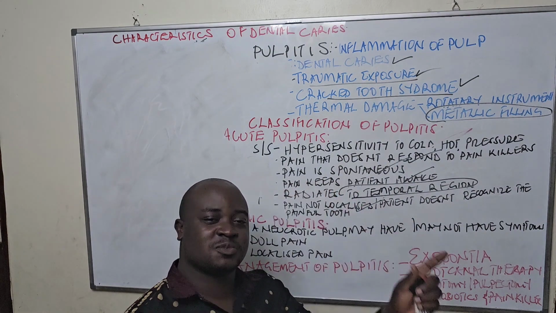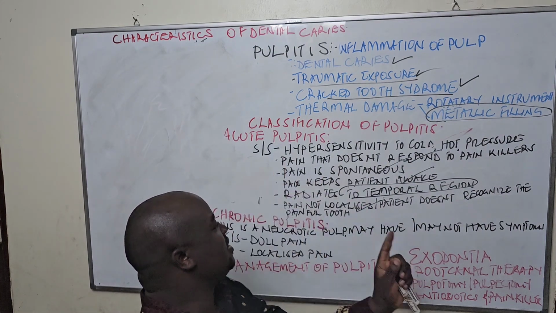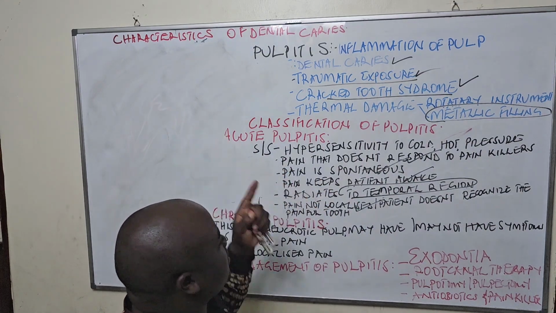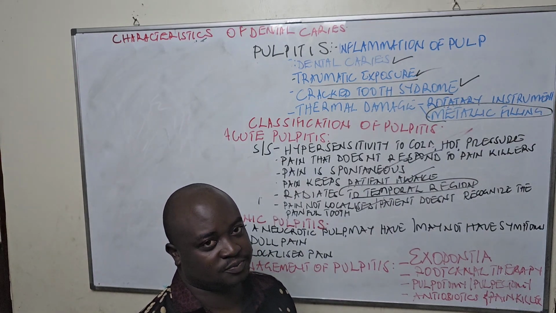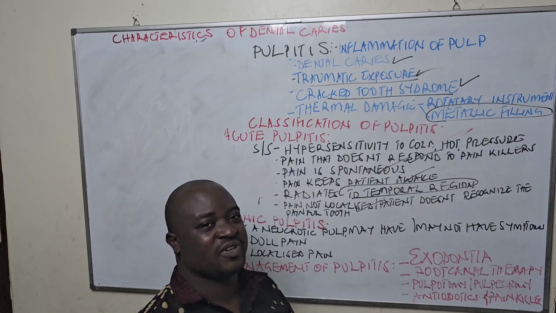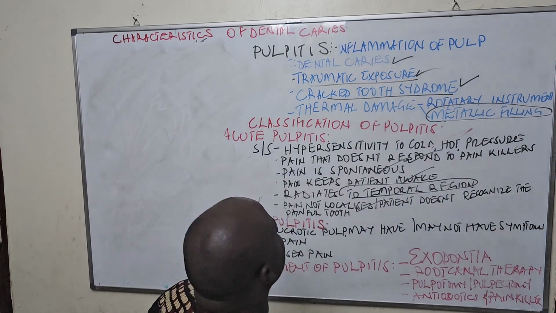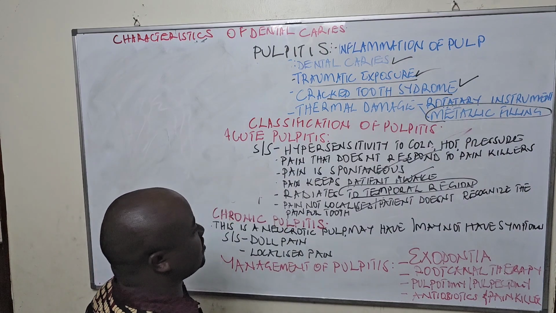The pain does not respond to painkillers. The pain radiates to the temporal region. The pain is spontaneous. Even when you take painkillers, it is not able to do what? To stop. Some of it stops for just a minute and comes again. So this is what? Acute pulpitis.